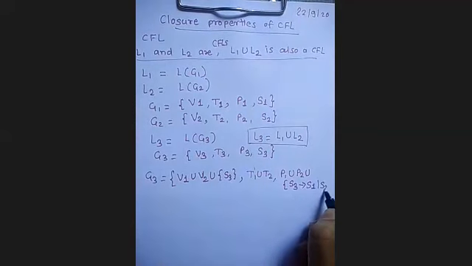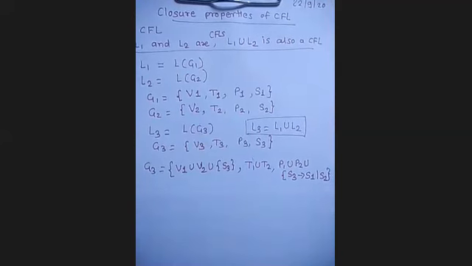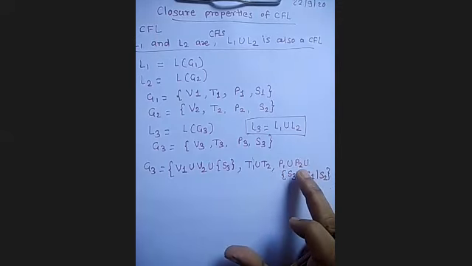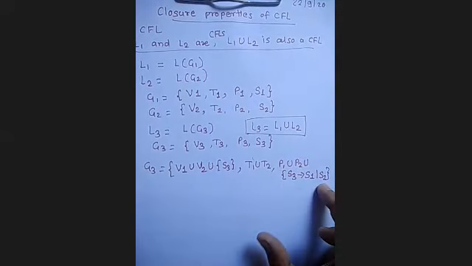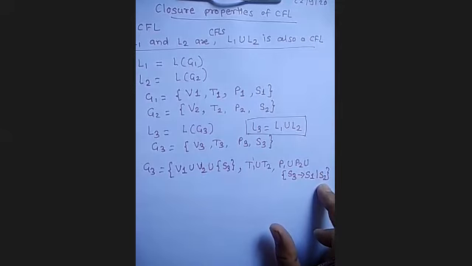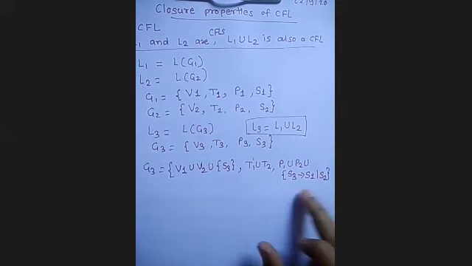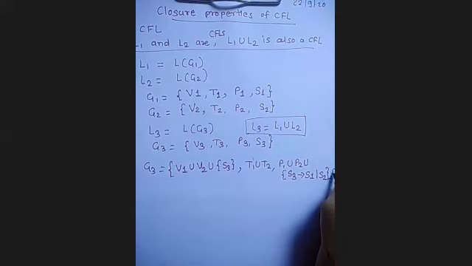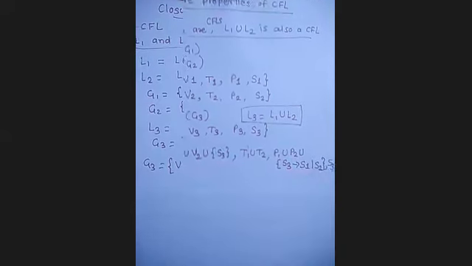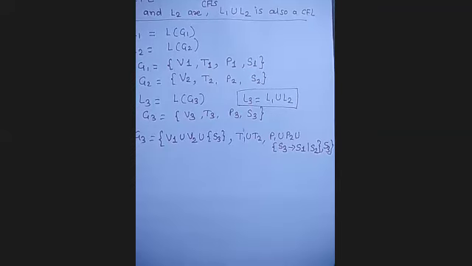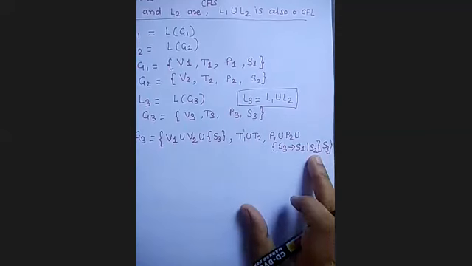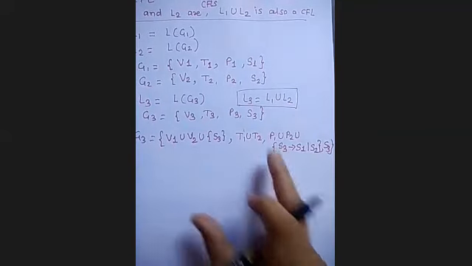So we'll take all the productions from the grammar G1, that is P1, all the productions from the grammar G2, that is P2, and one new production for the union, S3 as S1 or S2, and S3 is the start symbol, that we have already seen. So this is our new grammar. It contains all the productions, and only these are newly added. So you know that after this it remains a context-free grammar.